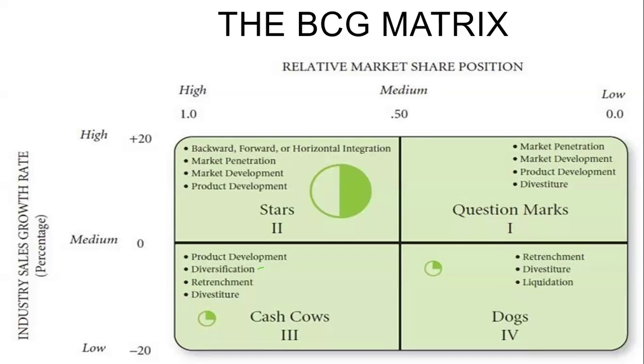And once you label it as a question mark, it no longer becomes the core of your business, particularly if you have other options that have been labeled as stars and cash cows. It means that that particular business which you started with no longer has its relevance and contribution to the parent company's success.